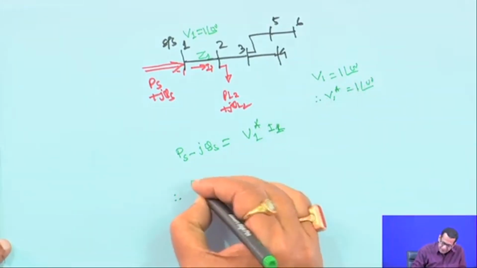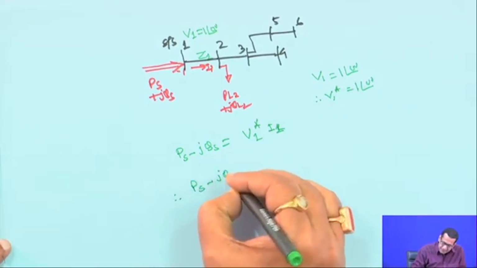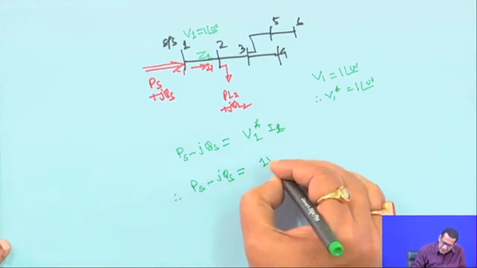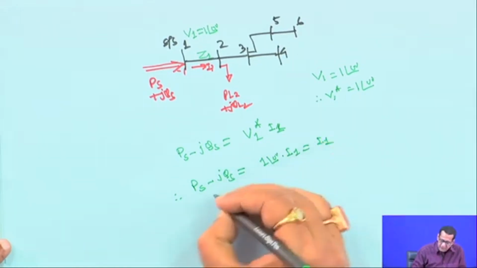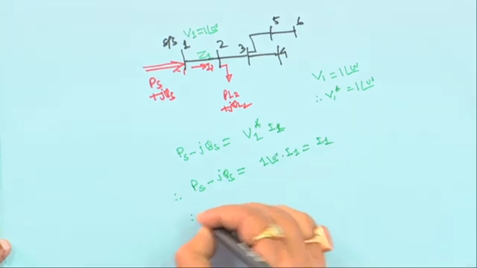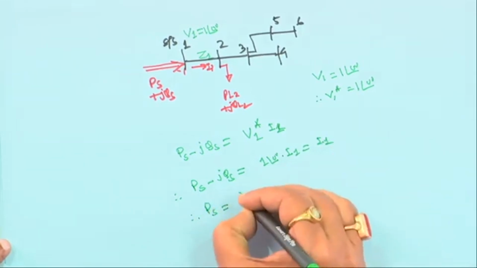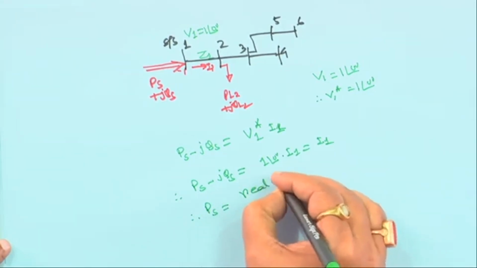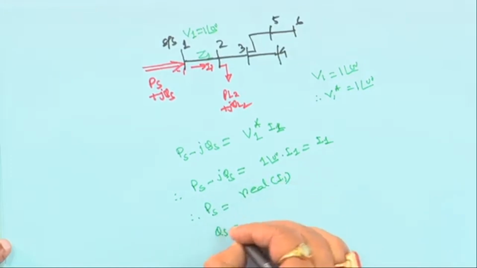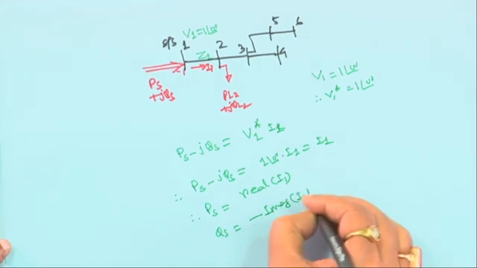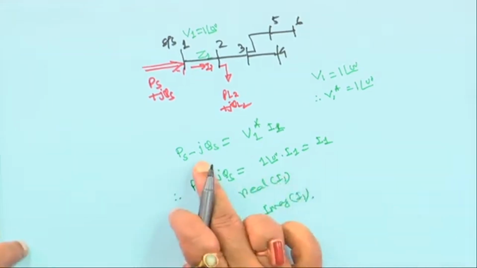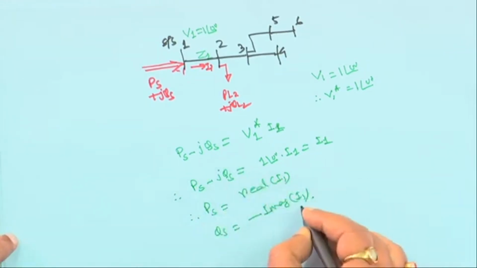That means PS minus jQS is equal to I1, everything in per unit. Therefore PS is equal to the real part of I1, and QS is equal to minus the imaginary part of I1, because it is P minus jQ.